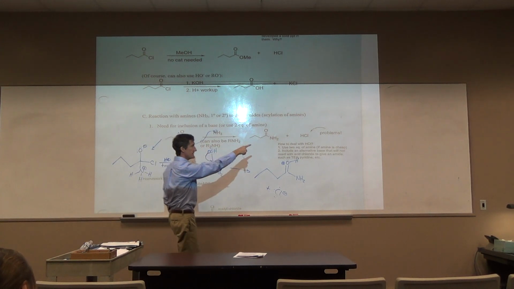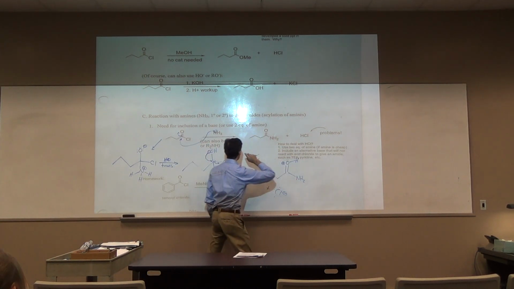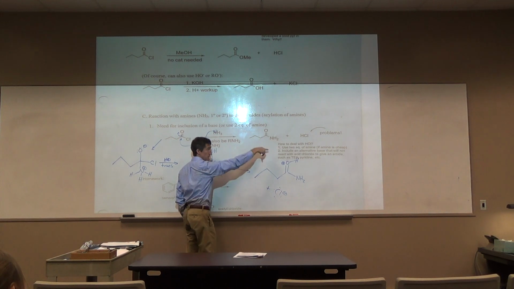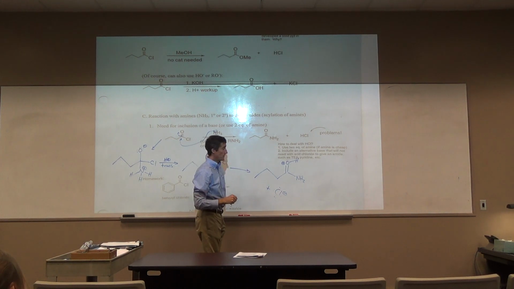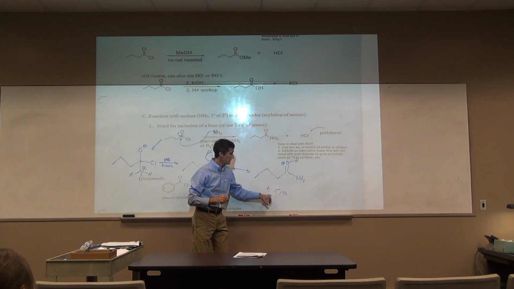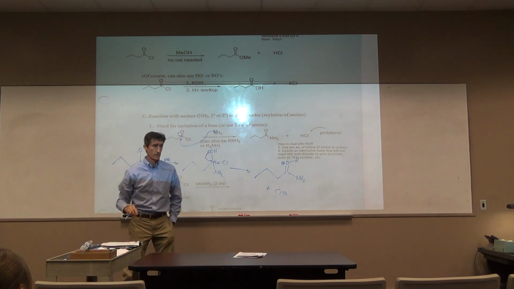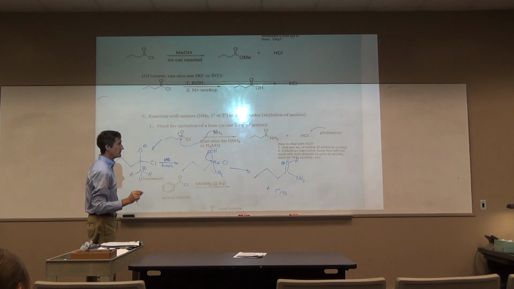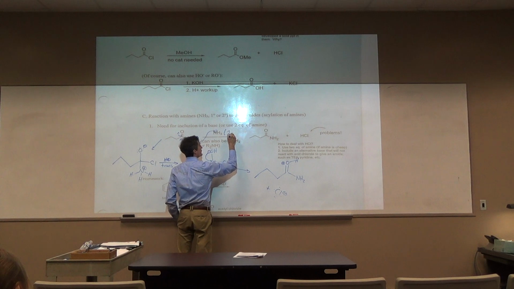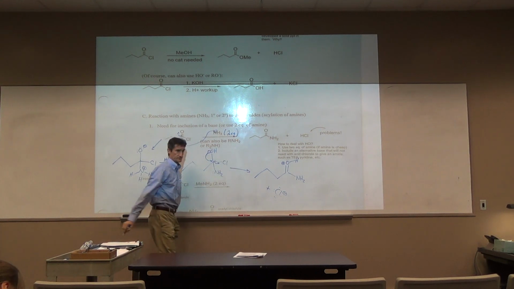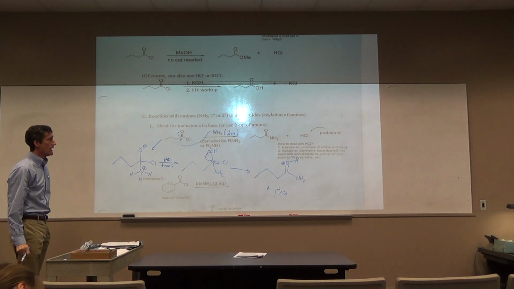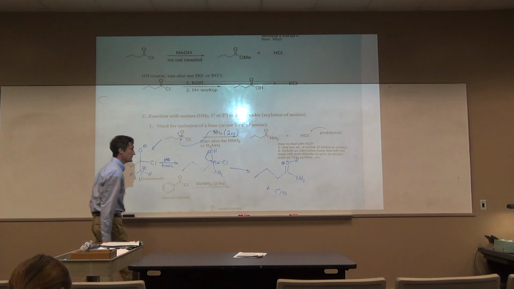If we generate HCl, what's it going to do to the ammonia? Ammonia will react with the HCl. Really, ammonia will take that H instead of that, and you'll have ammonium chloride. That's a problem. Thus, we would typically need 2 equivalents of ammonia. And if we have 2 equivalents, what's going to take this H?